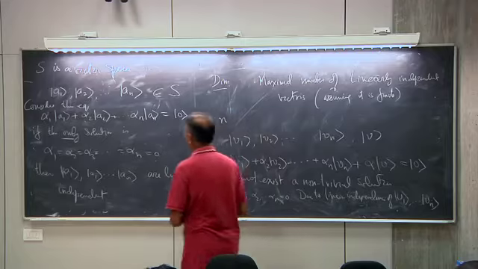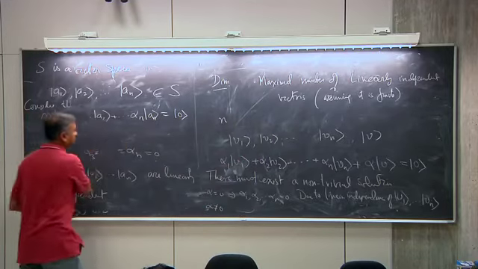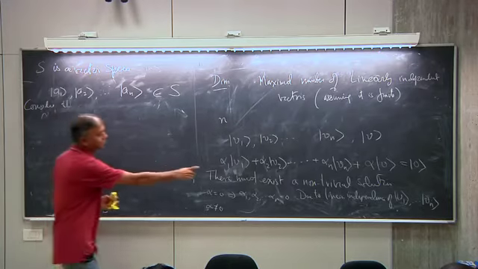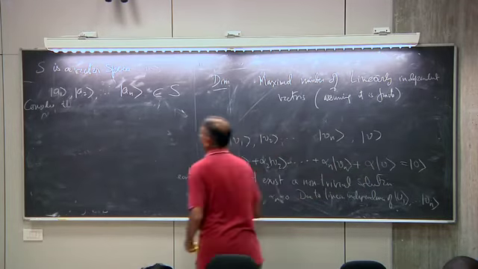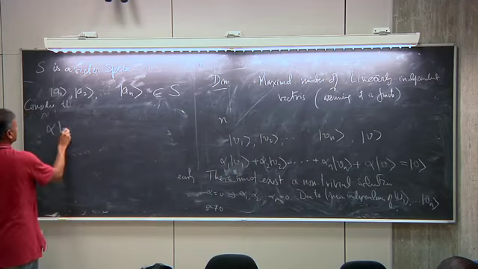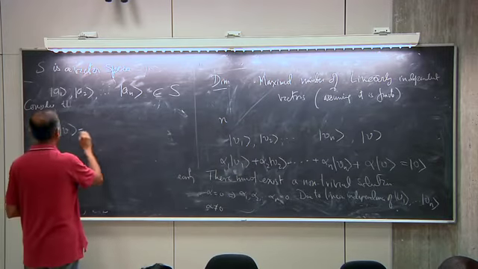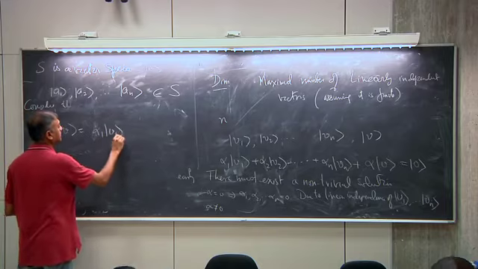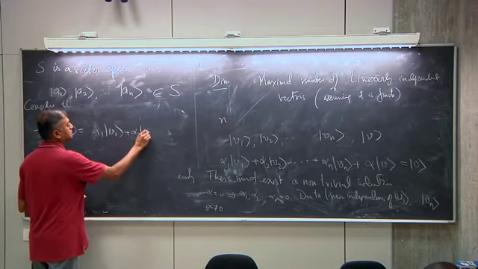So if you divide, then I can use this equation, take this on the other side. So you find minus alpha v equal to alpha 1 v1 plus alpha 2 v2, and so on.